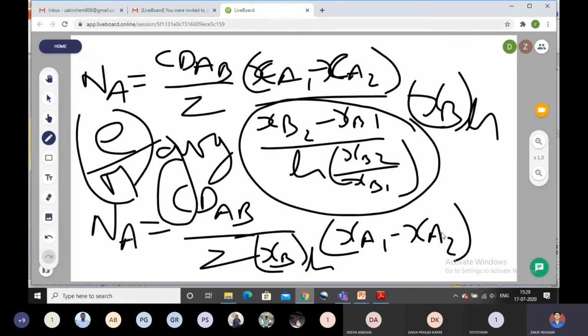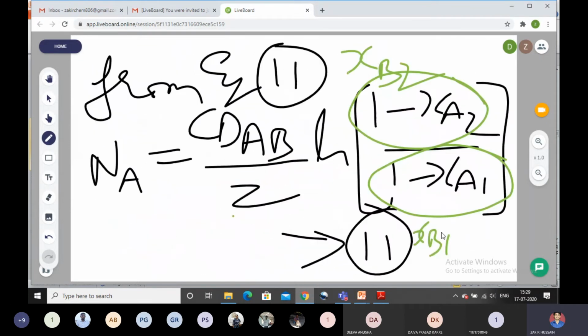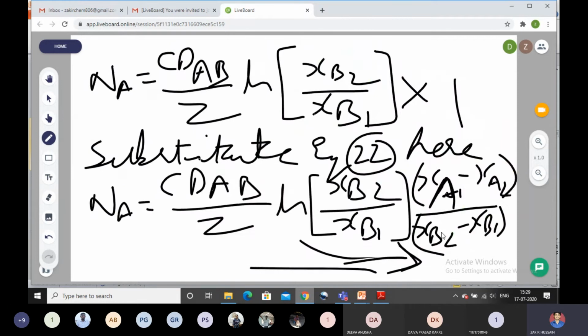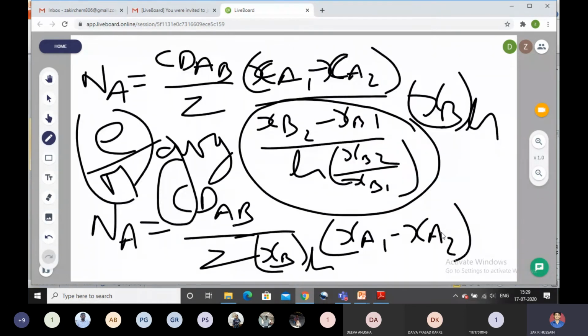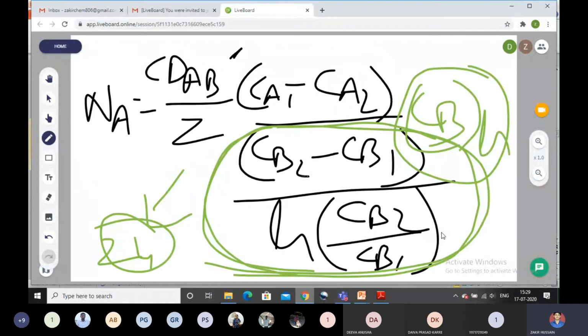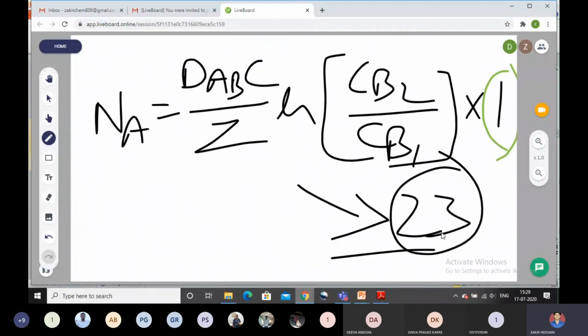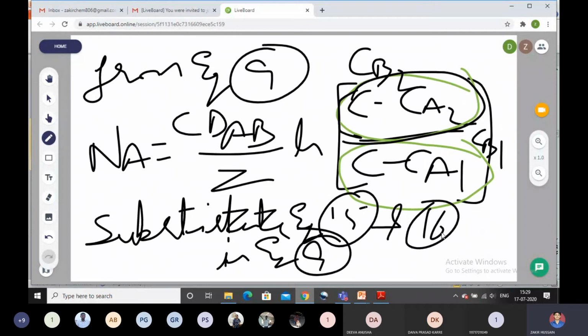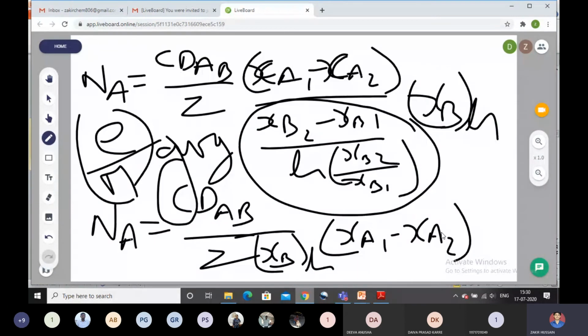These are the equations. This is equation 27.